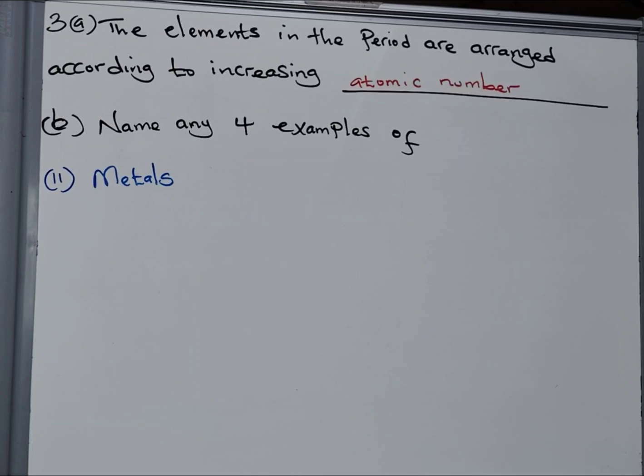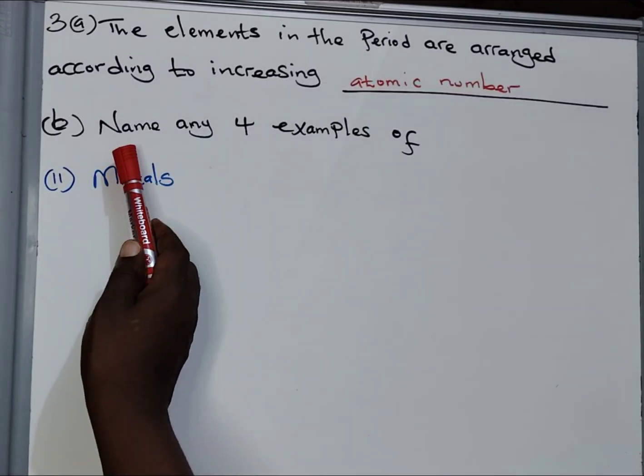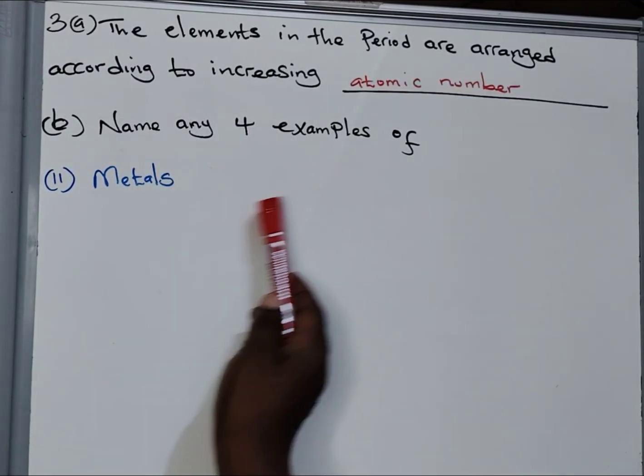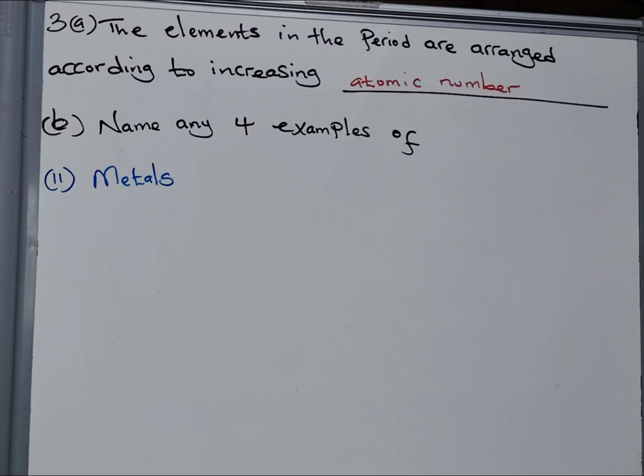So comes this question. Name any four examples of metals. On the periodic table, we saw that metals are found on the left-hand side of the periodic table.